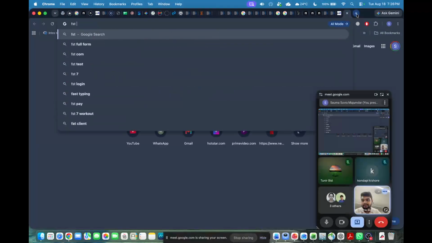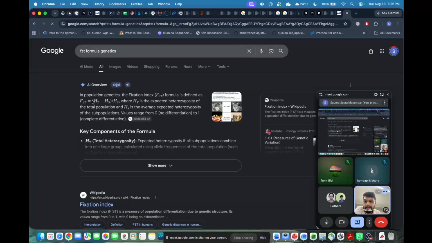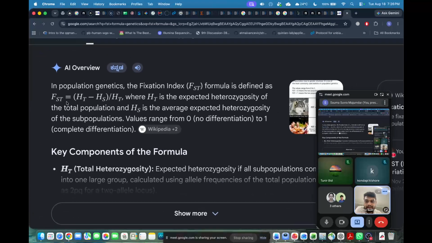FST is HT minus HS by HT. HT is the expected heterozygosity of the total population. HS is the average expected heterozygosity, and basically it ranges from 0 to 1.